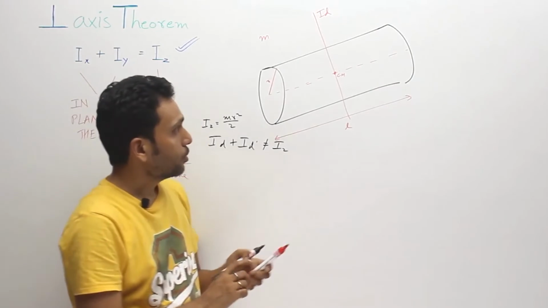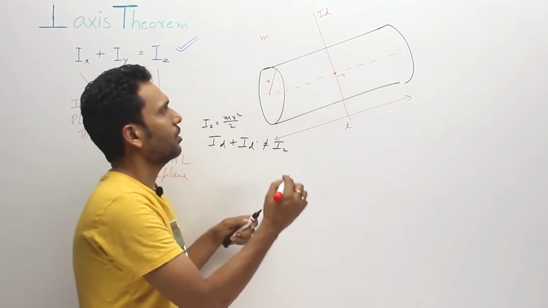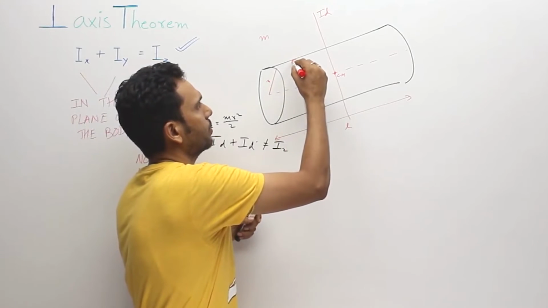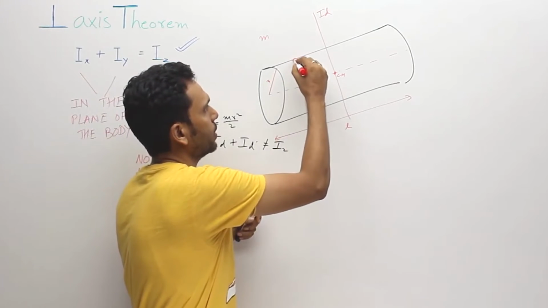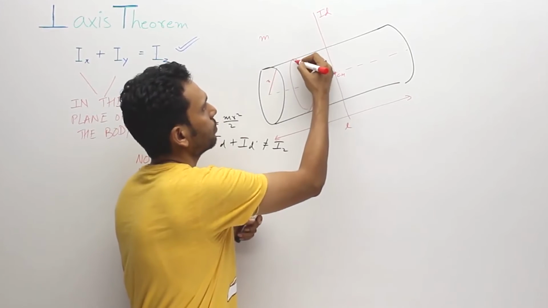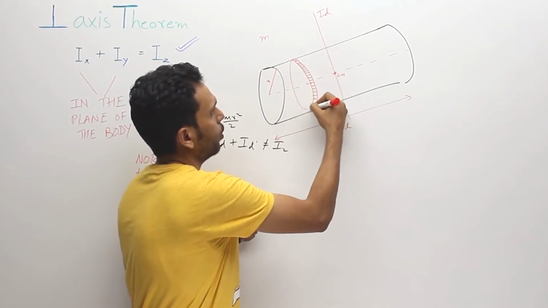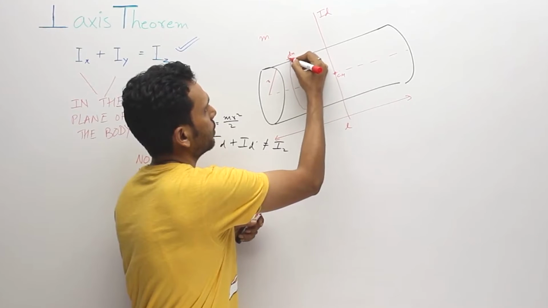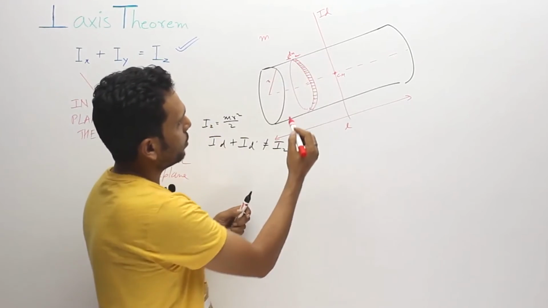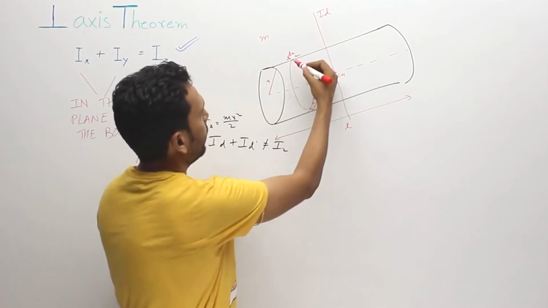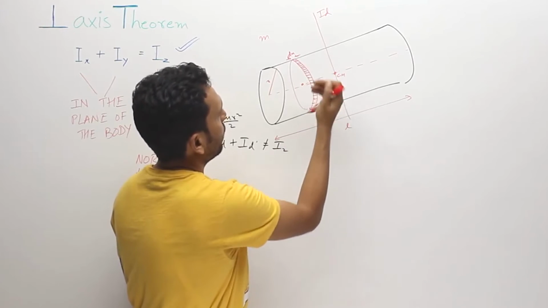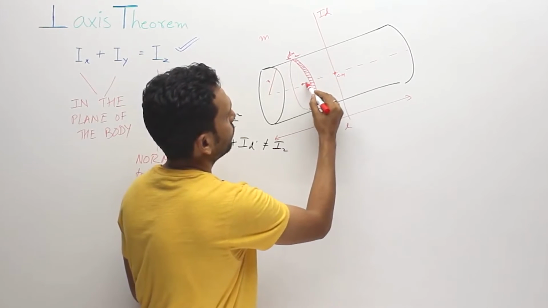Yeah. So the hint is you'll have to take elementary masses which are like a disk having a very small width, say dx is the width, and that's your elementary mass. That elementary mass is at a distance x from the CM.